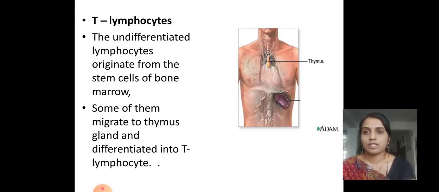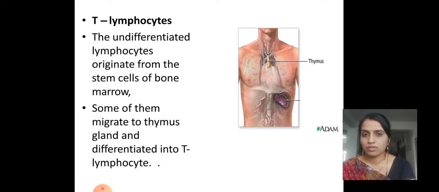First, T lymphocyte. The undifferentiated lymphocytes originate from stem cells of the bone marrow, and they will be undifferentiated, meaning immature. They will go to the thymus gland.